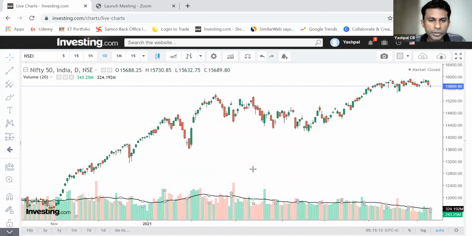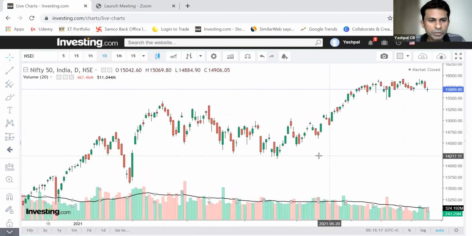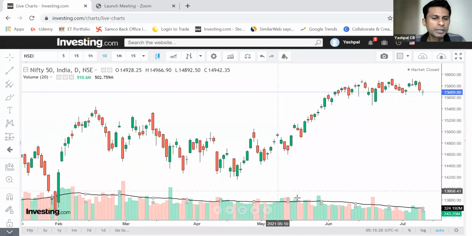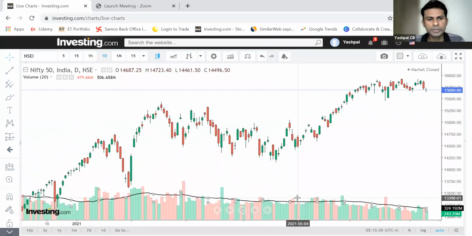So what do we have to observe in volume? For each candle, we have to see whether the volume is more than average or below average. How to identify it? It's very simple.